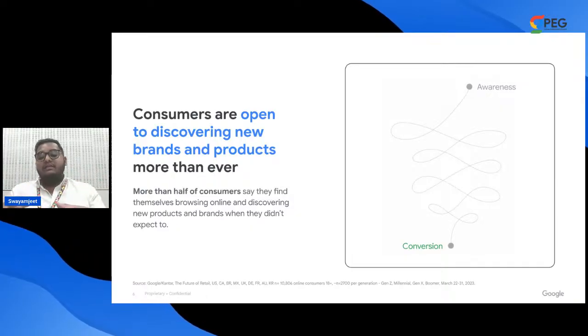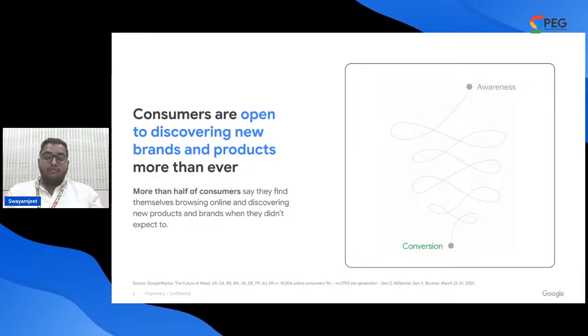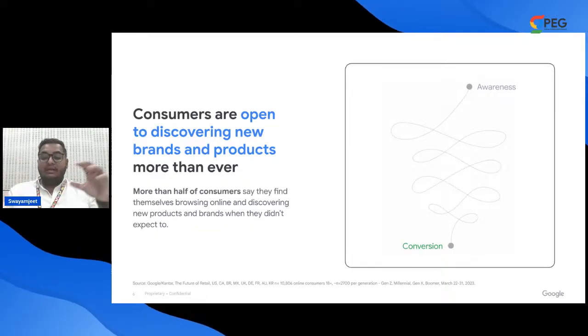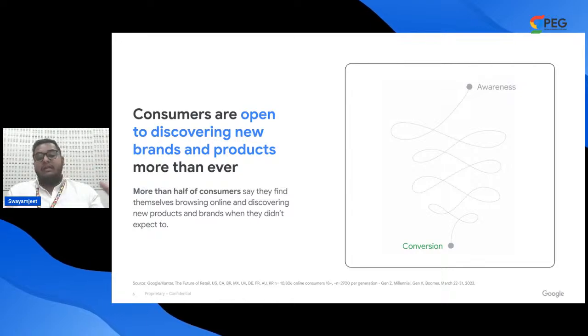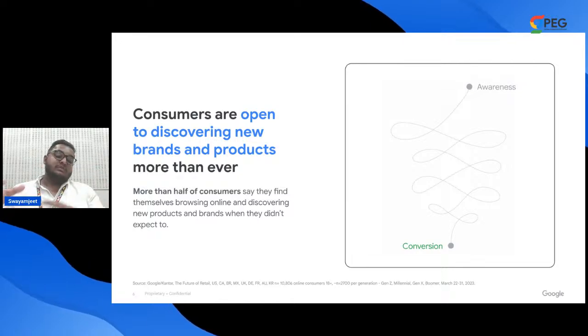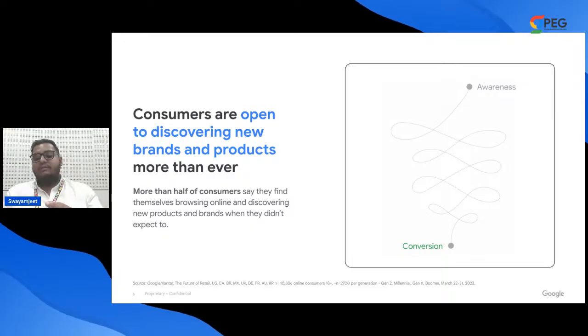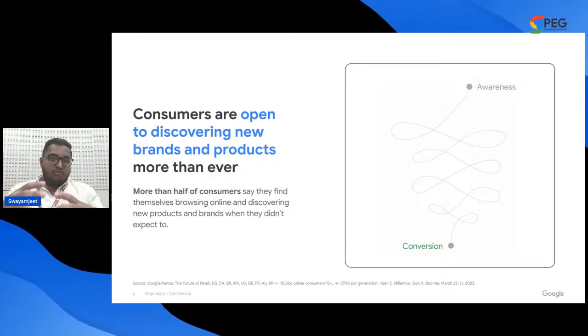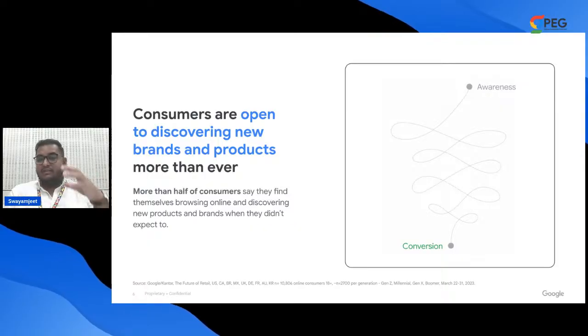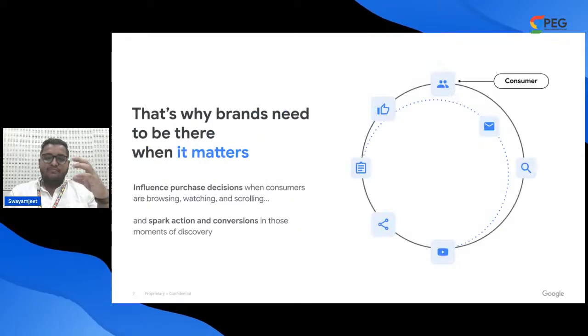This is what you can get from that. It's about meeting new audiences where they are, in those moments of inspiration and curiosity. It's about showcasing your brand and products in a way that resonates best with your audiences, sparking their interest, driving them to explore even further. And with that, are you ready to capitalize on this appetite for discovery? That is where the question arises.